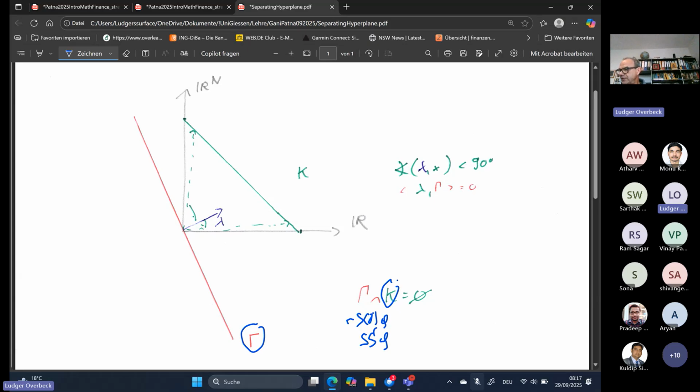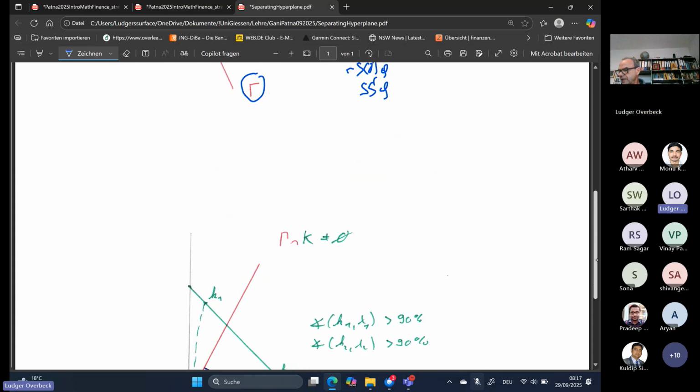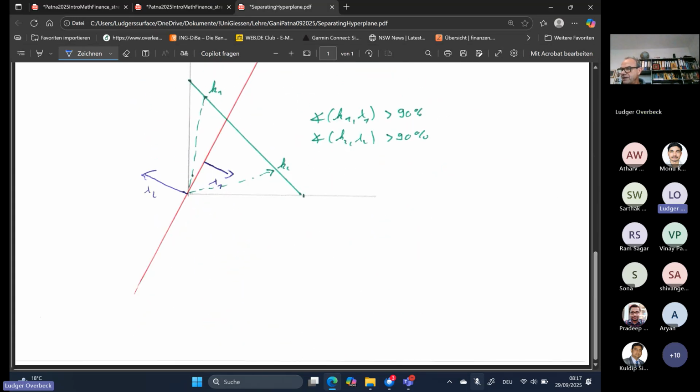So you can see if you have the situation where you don't have it, that's the situation where you have an arbitrage. This one is the value of the arbitrage. So this is the image. The gamma can also be written as the image of phi, a trading strategy, in the sense that it gives you the minus starting value and all the future values in all the n states.